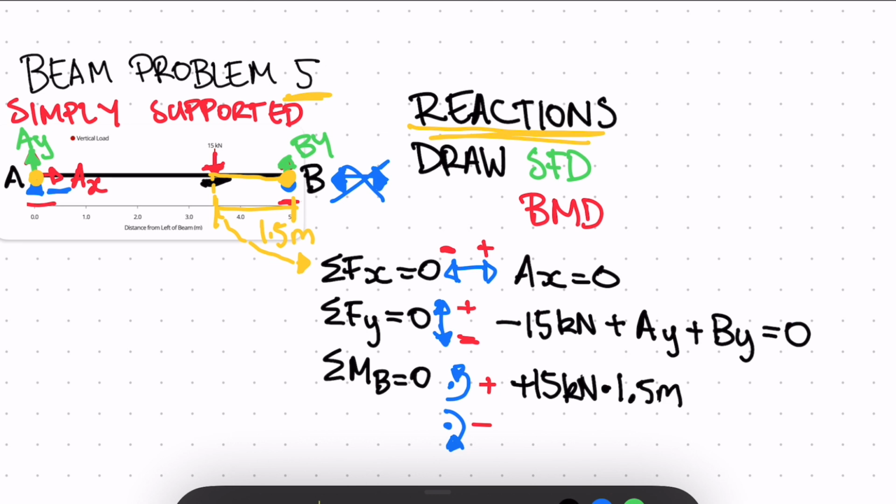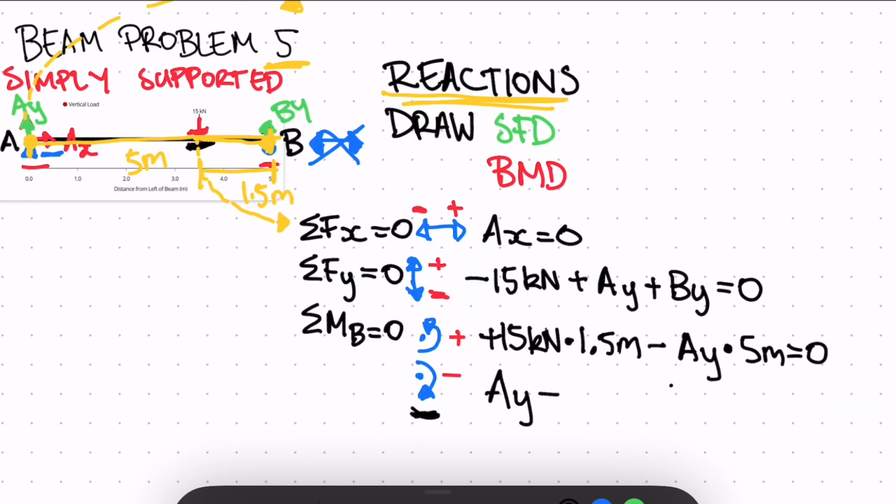Then we have our AY going in this direction, and this distance up to B is 5 meters. And we're going in the negative or the clockwise direction. So negative AY multiplied by 5 meters. And we don't have any other forces, so that will be equal to 0.